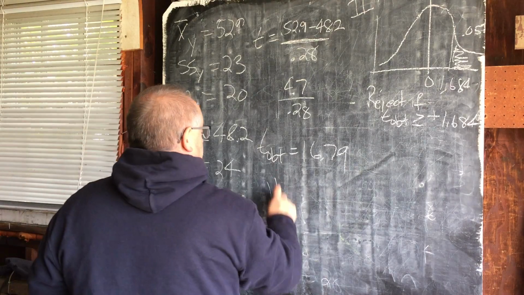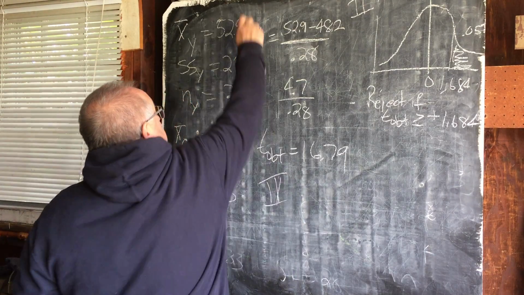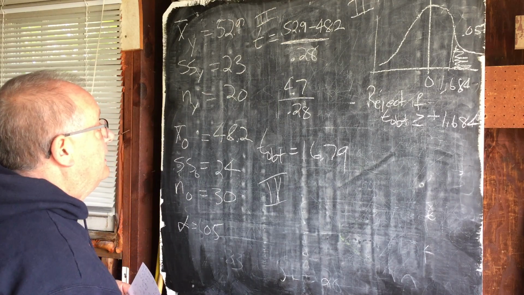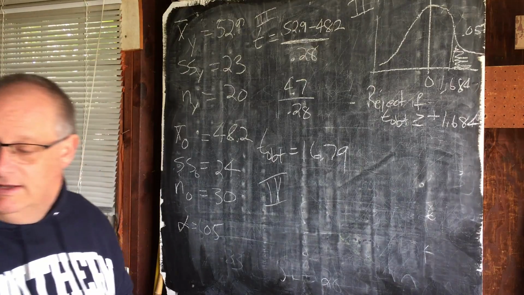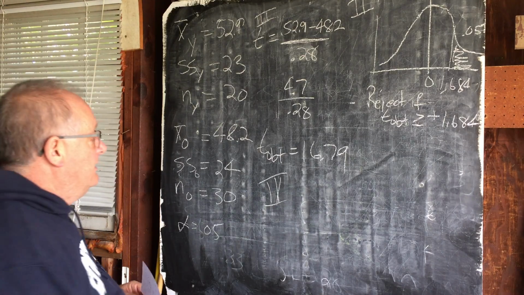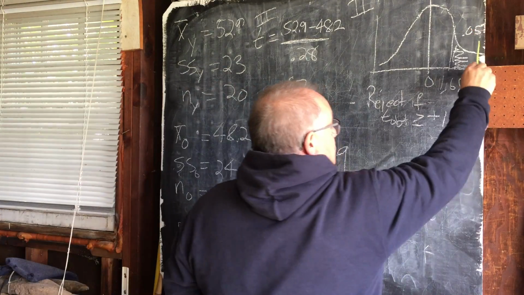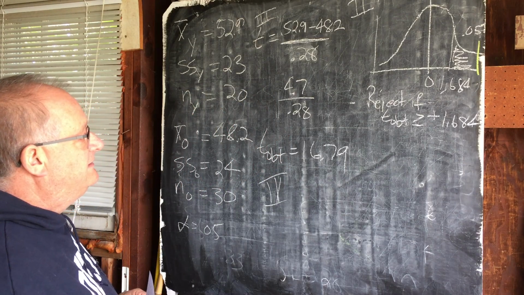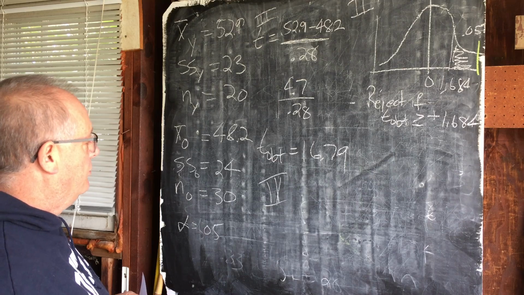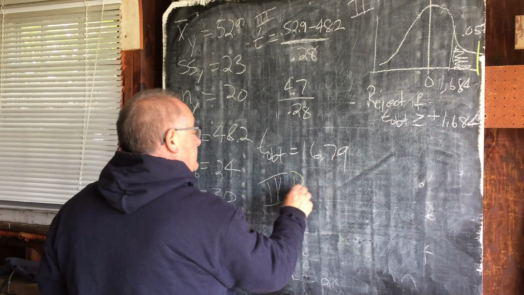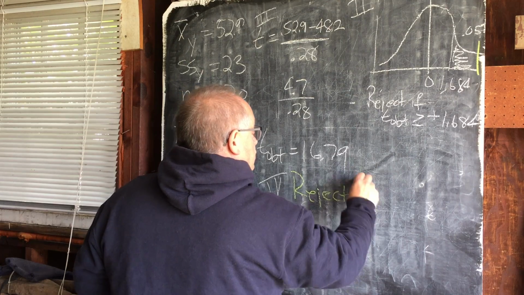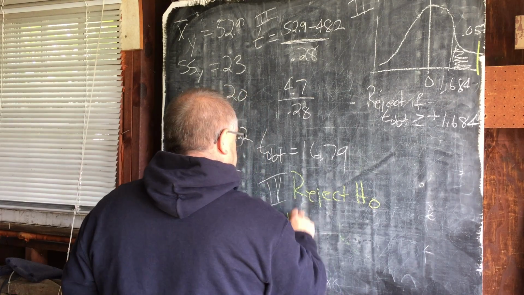Right, so now we go to the fourth step. All that was just the third step. The fourth step is making a decision, and in this case we can see the t obtained is indeed in the rejection region. 16.79 does exceed 1.684. So the decision is to reject the null hypothesis.